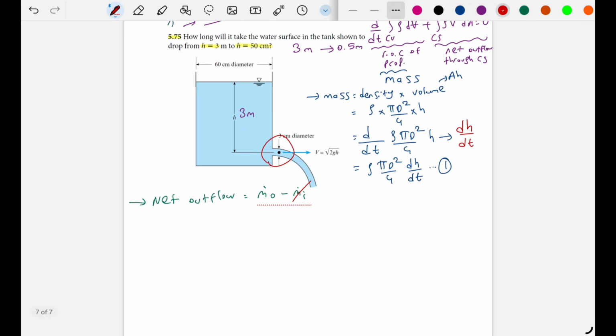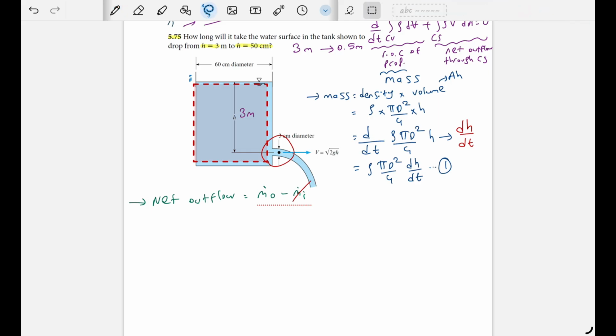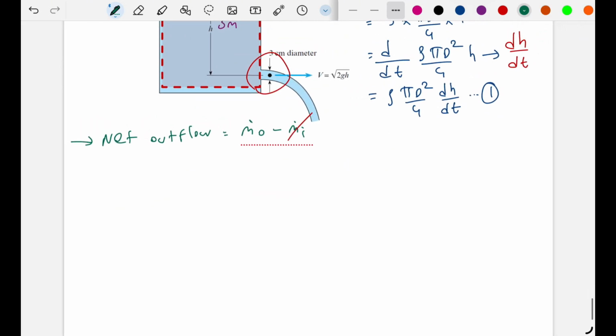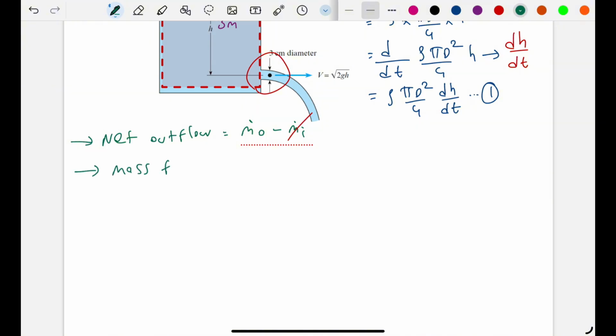Also I want to draw the control volume. So this is our control volume. Okay. So we only have mass flow rate out. So we have outflow.